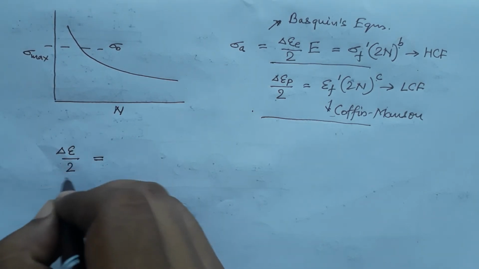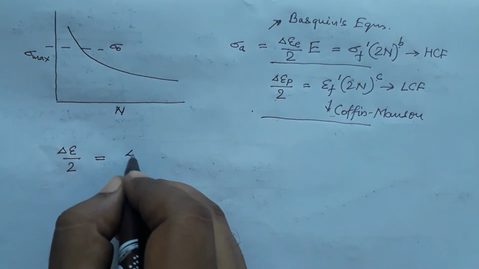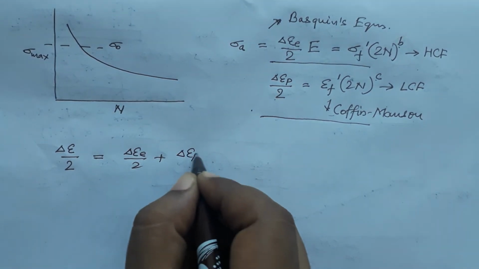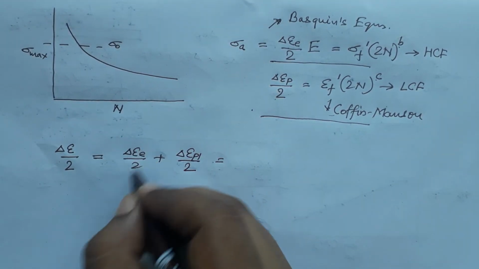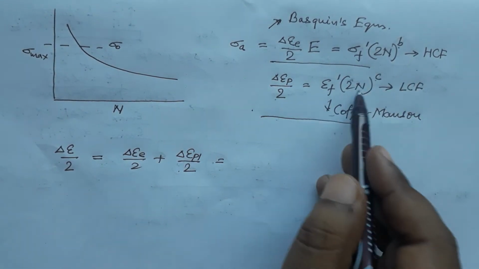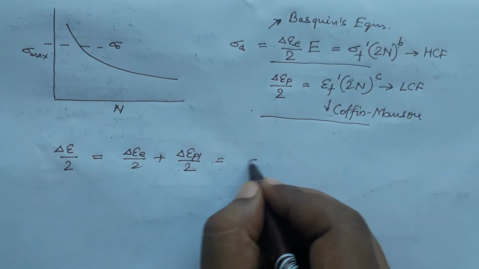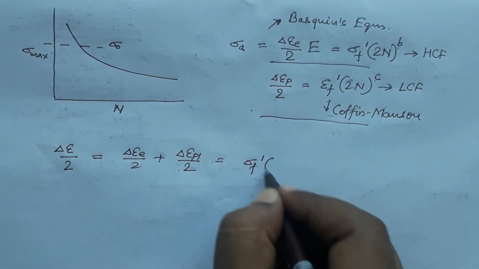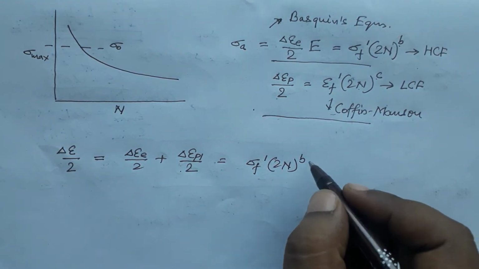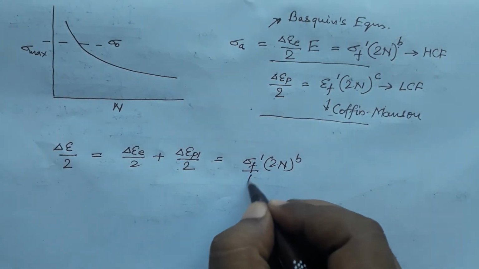So assume that we have strain-controlled fatigue. We have the strain amplitude, and we can break it into an elastic part plus a plastic part. For the elastic part we can replace it with the Basquin term, and for the plastic part with the Coffin-Manson term. So we will have sigma f dash into 2N to the power b, divided by E.